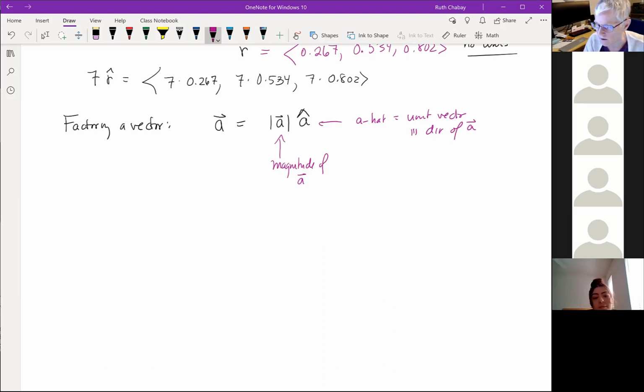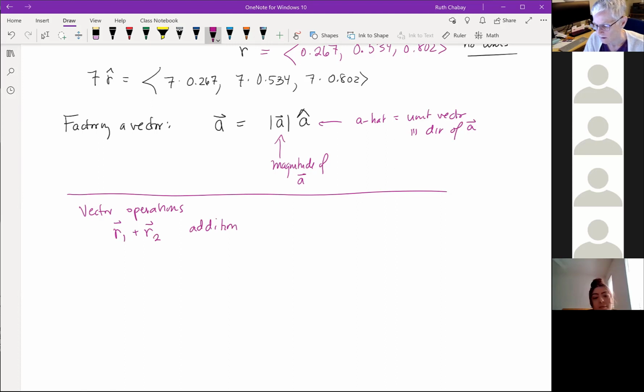So what we have are vector operations. We have addition. We have subtraction. We have scalar multiplication, n times c.